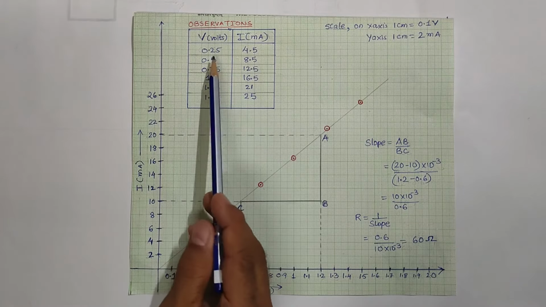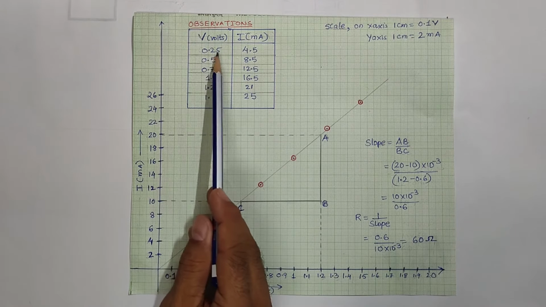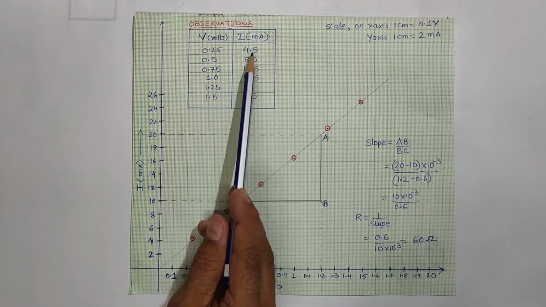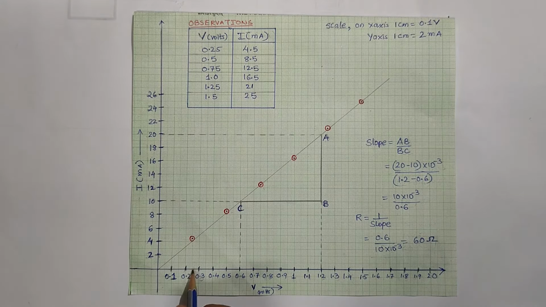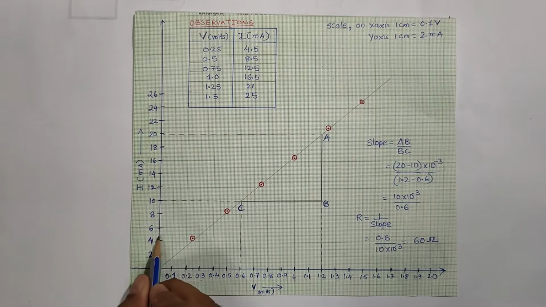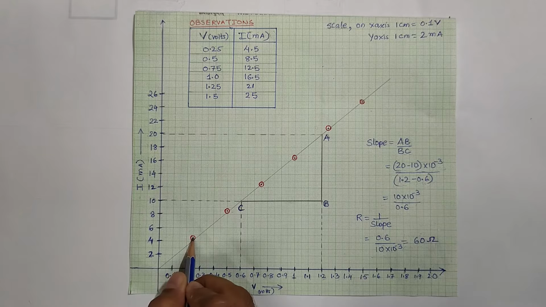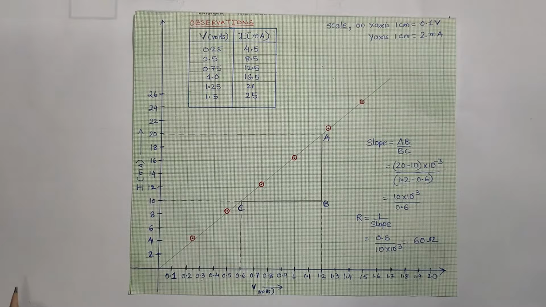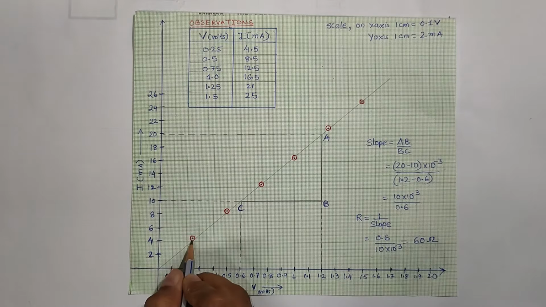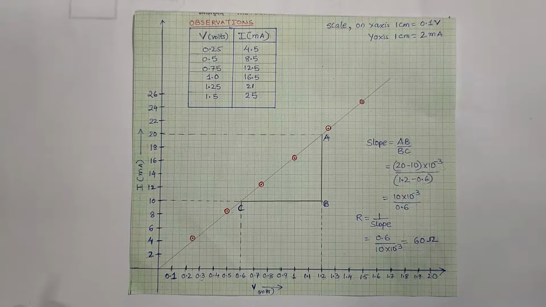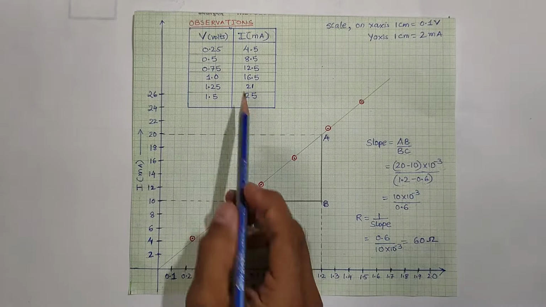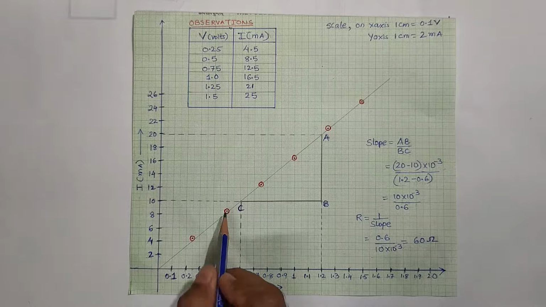Now from the observations, for 0.25 volt, we got the reading 4.5 milliampere. So if I plot here, for 0.25 you have the reading 4.5 milliampere. So we put a point at the coinciding position. Similarly, for 0.5, we will have 8.5 milliampere, again a point.